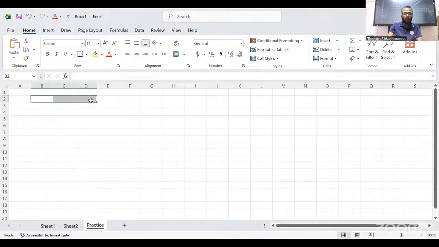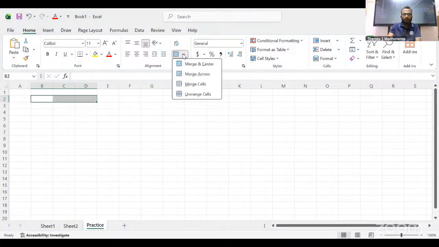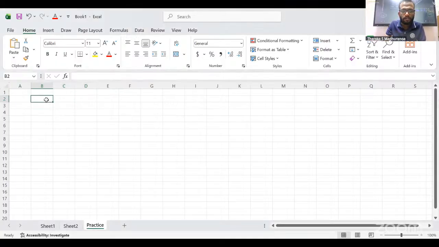Now I want to merge these three cells. How to merge this?